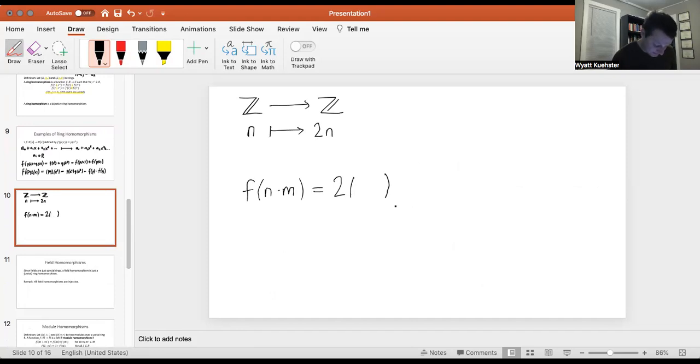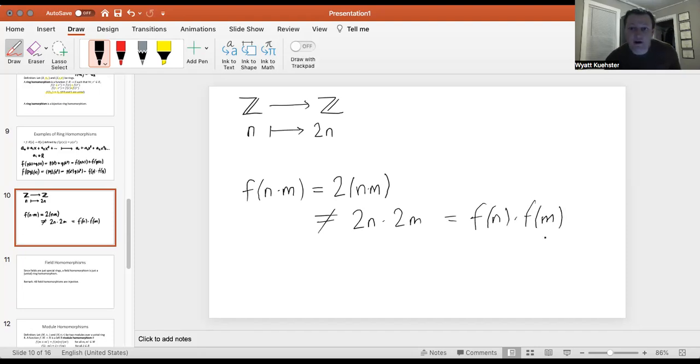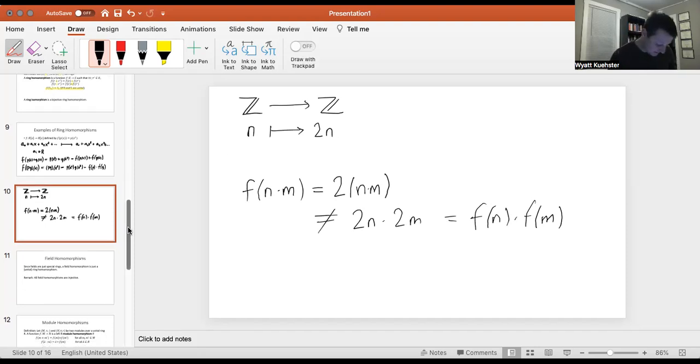I'm going to write it in the same order for consistency. But this generically is not equal to 2n times 2m, which is what I would get if I did f of n times f of m. So this is not a ring homomorphism from Z to Z. It's only an abelian group homomorphism.